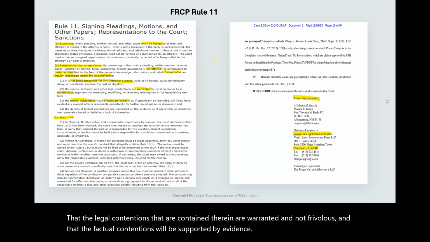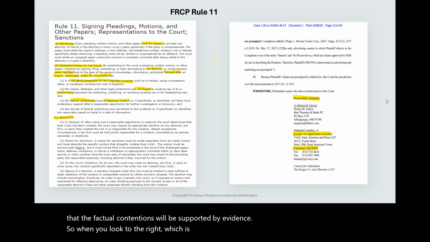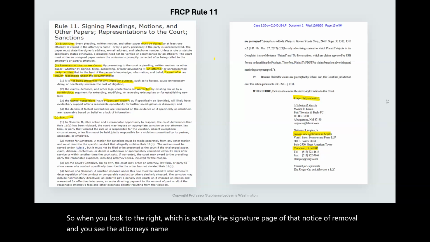So when you look to the right, which is actually the signature page of that notice of removal, and you see the attorney's name there, that is what is being represented by that attorney's signature.